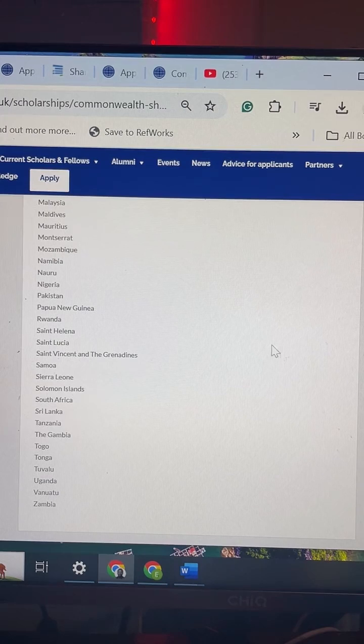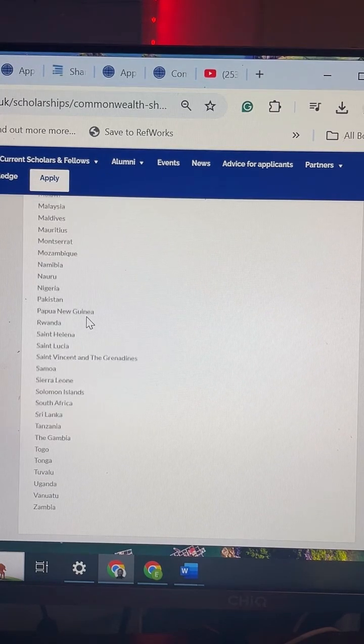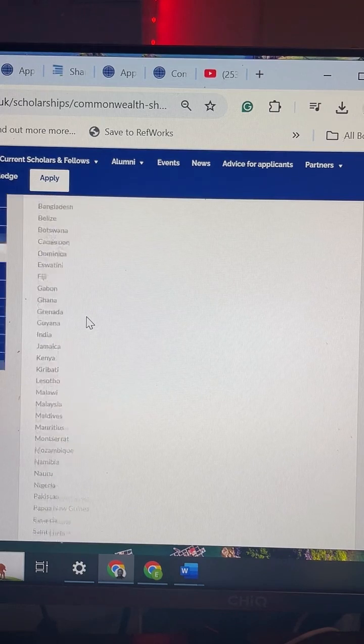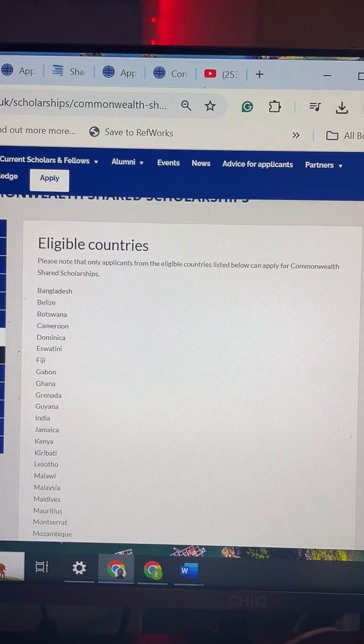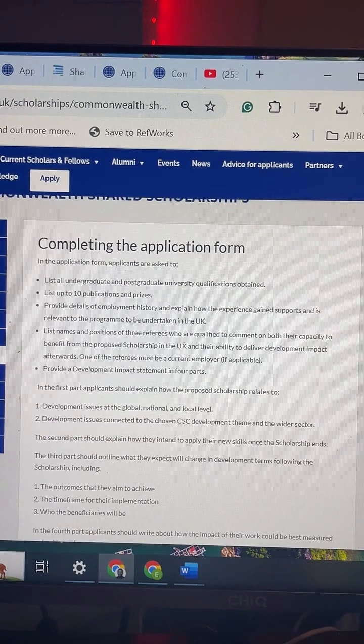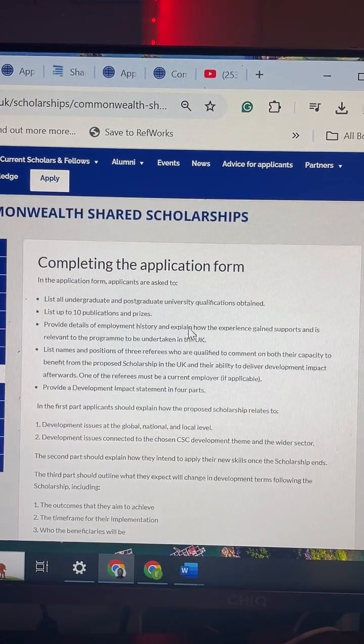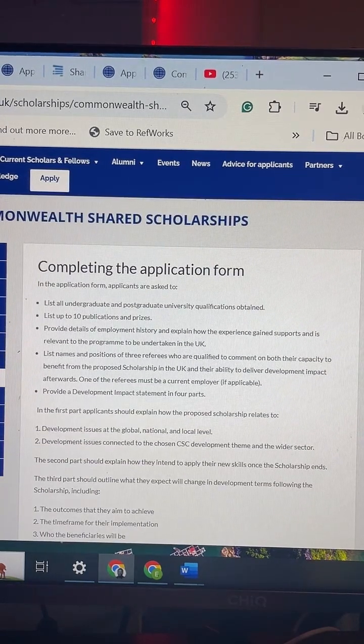These are all the countries listed here. So let's spend some time to go through all these to see if your country is in there, then you can go ahead and make the application for this scholarship. Tanzania, the Gambia, Togo, Uganda, Zambia, Nigeria, Pakistan, every country in here, you can go ahead and make your application.